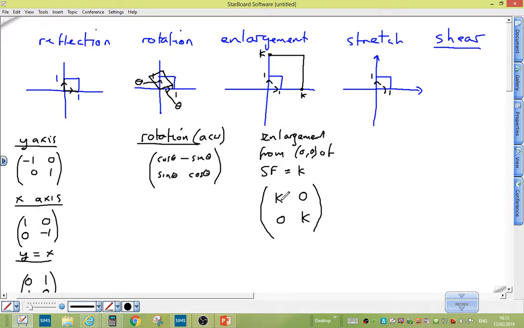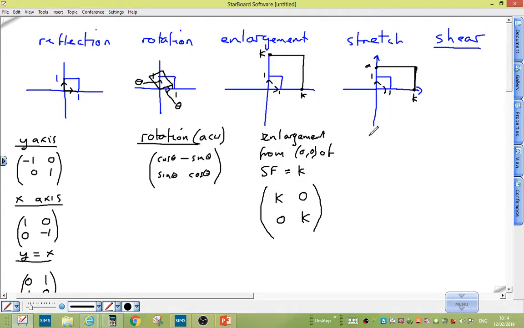But if you stretch it so these are different, you don't just have to do it in one direction. You can do it in both directions, but differently. Then it's a stretch. So you can see that if I stretch this by a factor of k, but this one by a factor of, I don't know why I come up with these letters, a, then you end up with something that is now not the same.